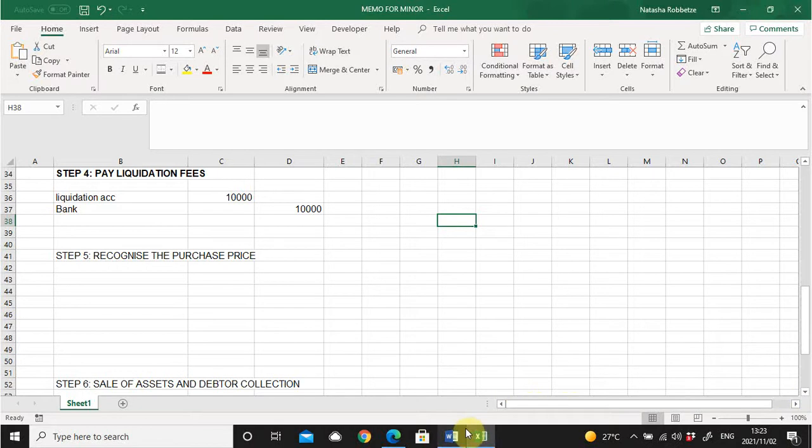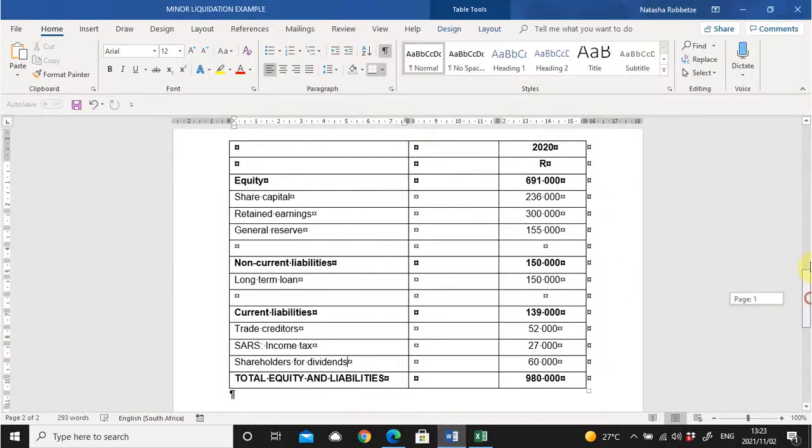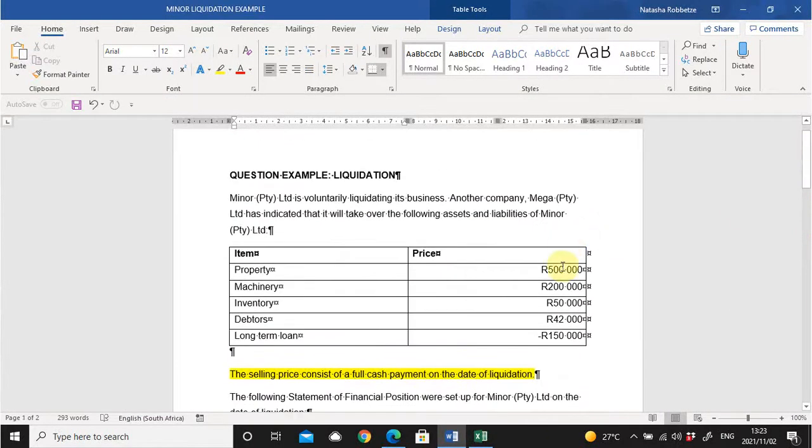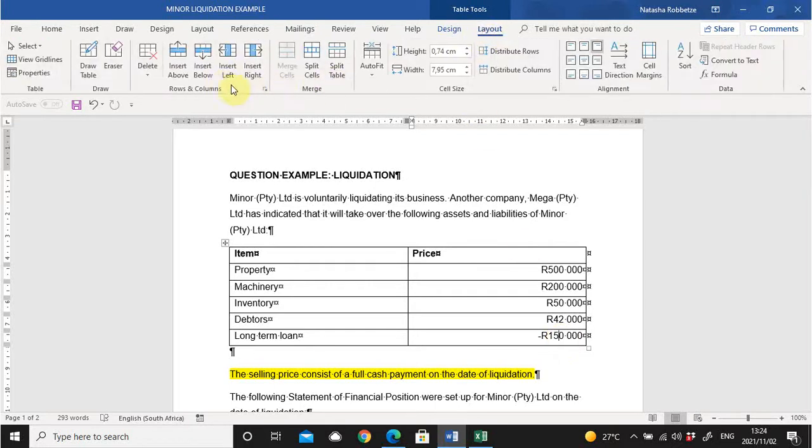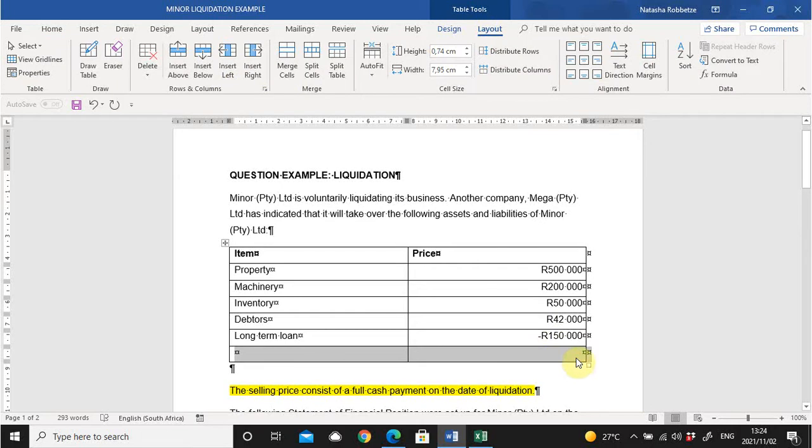If I add up these amounts, 500 plus 200 plus 50 plus 42, and I minus 150,000 from it, then I get a total of 642,000. According to my calculator, if I do the sum function here, I get 642,000, and that is the purchase price that I should now be accounting for.